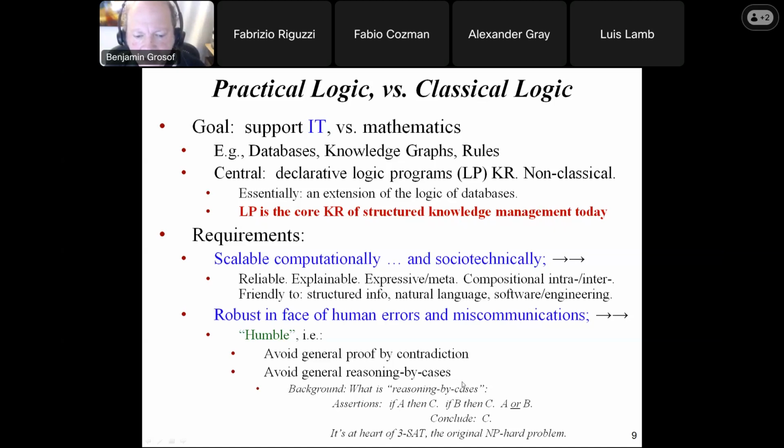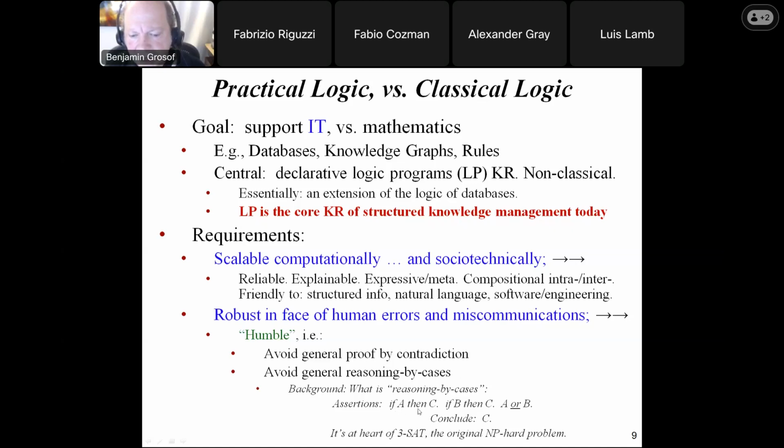I'll explain what that is in a moment, but it is at the heart of the intractability of even the propositional case of classical logic. So consider the following set of three assertions.